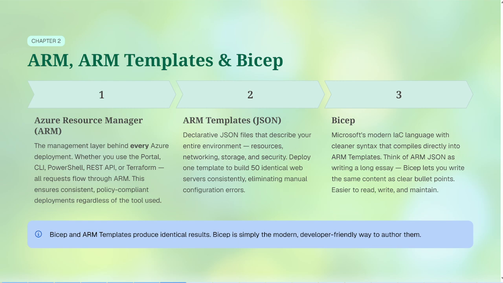Azure Resource Manager. ARM is the management and deployment service for Azure. Think of ARM as the traffic controller for Azure resources. No matter how you create a resource, the request always goes through ARM before Azure provisions it, whether you are using Azure Portal, Azure CLI, Azure PowerShell, REST API, Terraform, ARM templates, or Bicep.